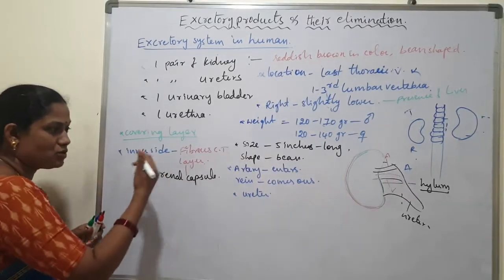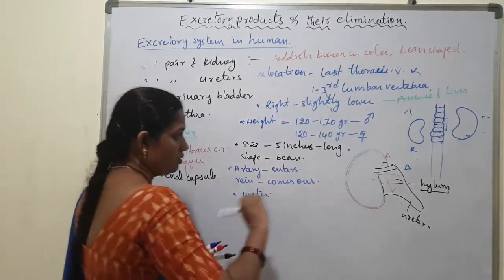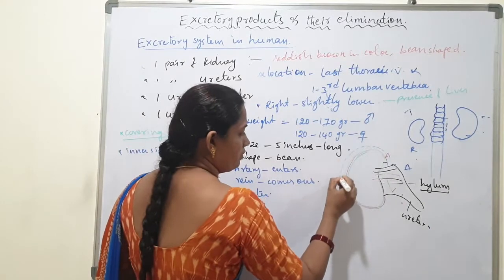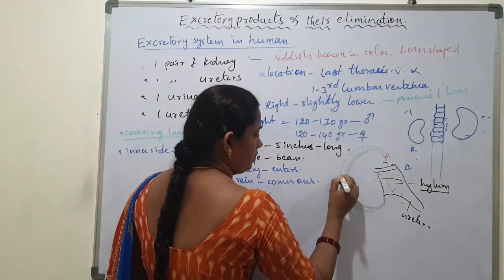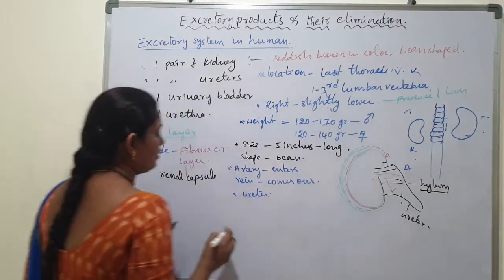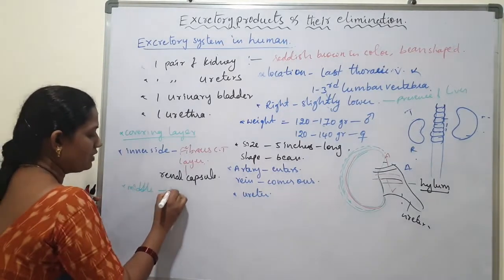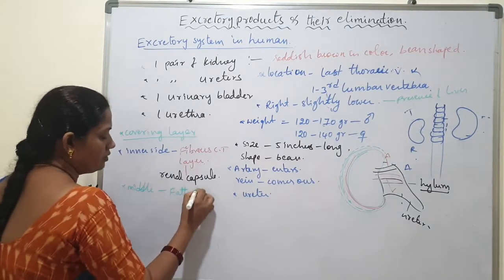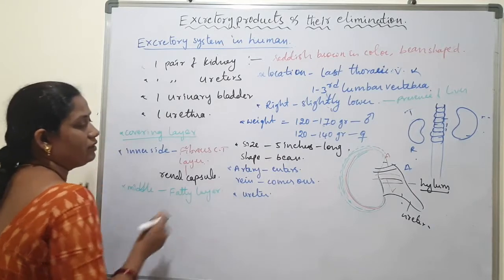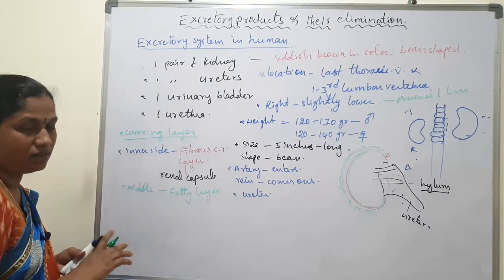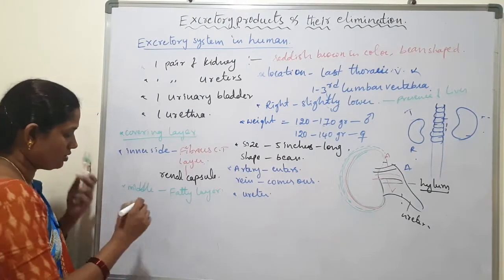Next, the renal capsule is covered by the middle layer, called the fatty layer. It protects the kidney from external shocks.